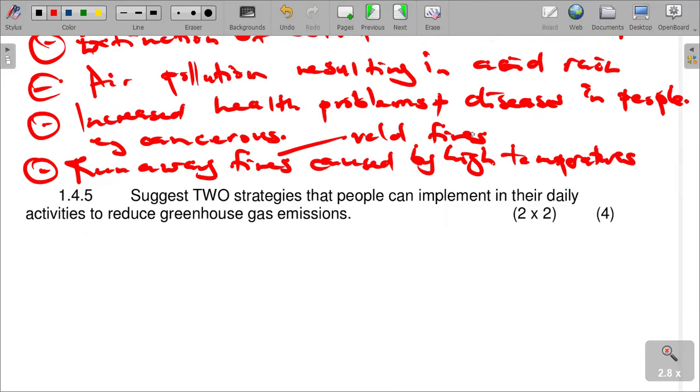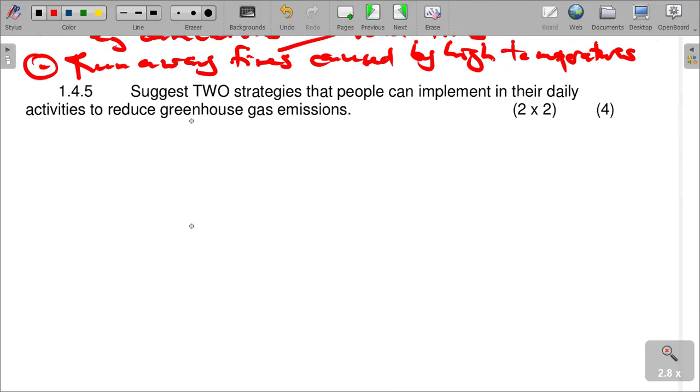And then question 4.5: suggest strategies that people can implement in their daily activity to reduce greenhouse gas emissions. So what we are saying is, what are the measures that people can put in place to reduce greenhouse gas emissions?